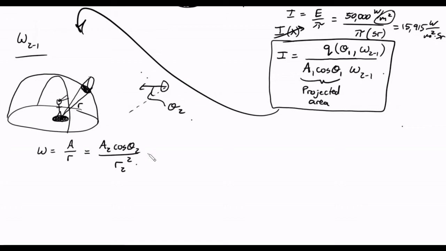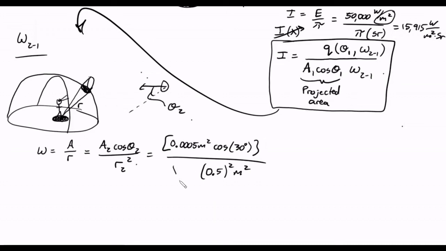All right, so we're going to do that, and we know all these terms, right? We know area 2, 0.0005 meters squared. We know that theta 2 is 30 degrees, and we know the distance between them is 0.5 meters. Now we are ready to combine these ideas.